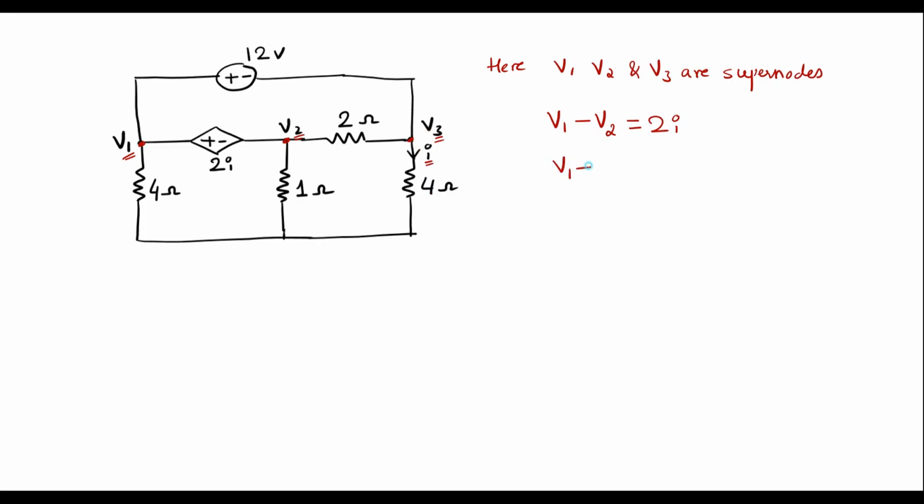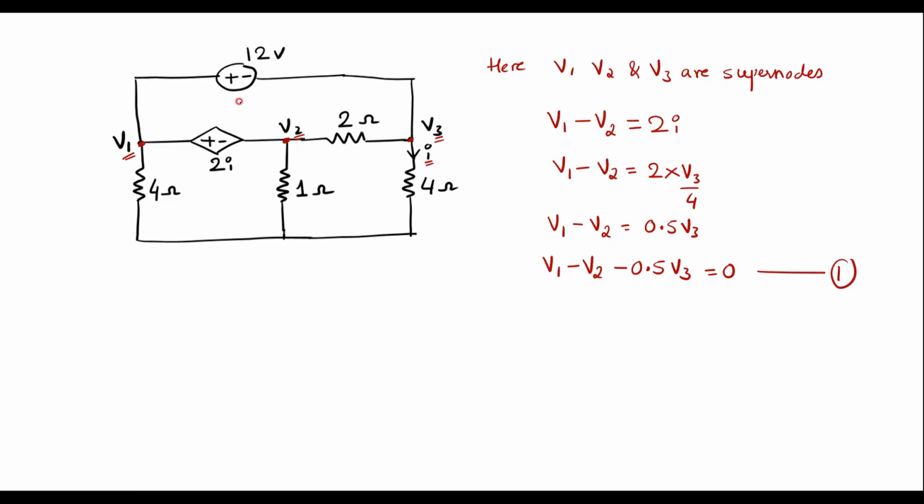I can write V1 minus V2 is equal to 2 into V3 by 4, or V1 minus V2 is equal to 2 by 4, that is 0.5 V3. Or I can write V1 minus V2 minus 0.5 V3 is equal to 0. Let me call it equation 1.